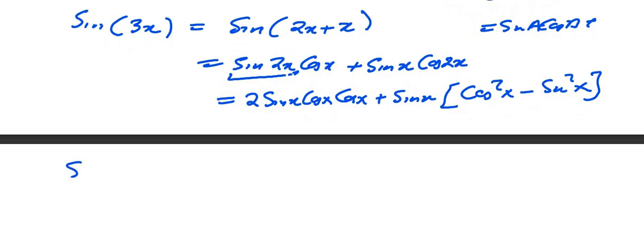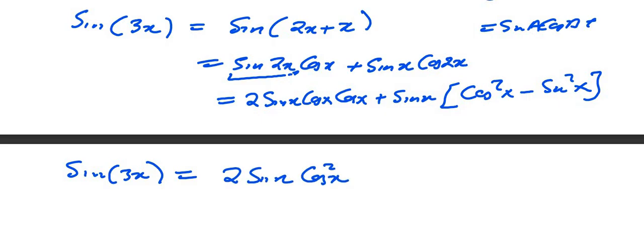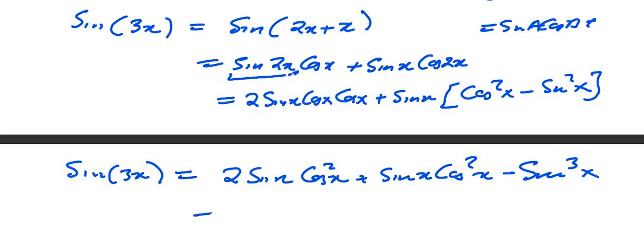So in short, the sine of 3x is the same as 2 sine x cos squared x, plus sine x cos squared x, minus sine cubed x, which gives us a 3, because they're like terms: 3 sine x cos squared x minus sine cubed x.